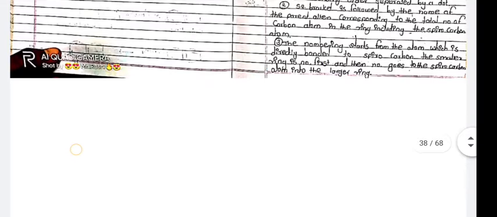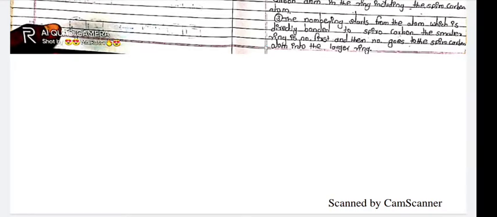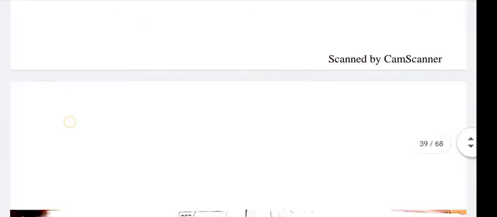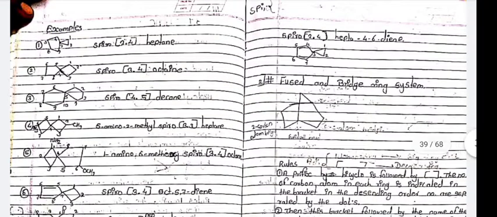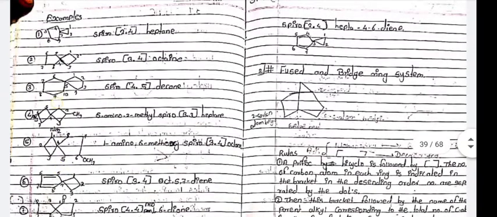The numbering starts from the atom which is directly bonded to the spiro atom. The smaller ring is numbered first, then the number goes to the spiro carbon atom, and then to the larger ring. So in this way we give the name of the compounds.